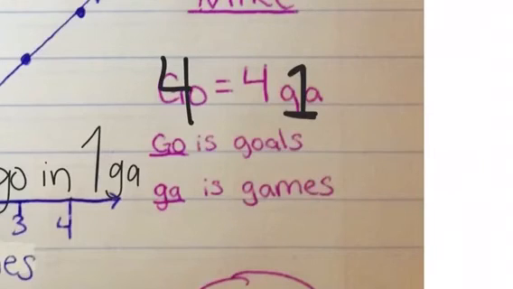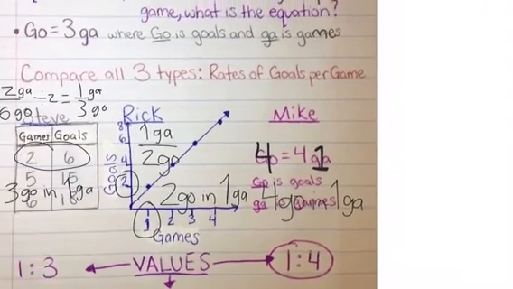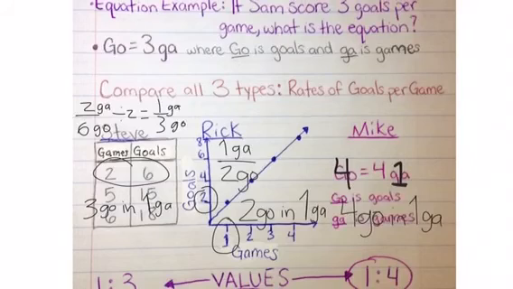So what this says, if we plug in the number 1 for games, we get the number 4 for goals, which means that he scores 4 goals in one game. And I have all of that written for you down here on the bottom. And well, you have it written too in your notes if you paused it.